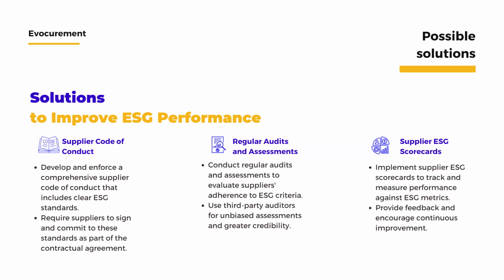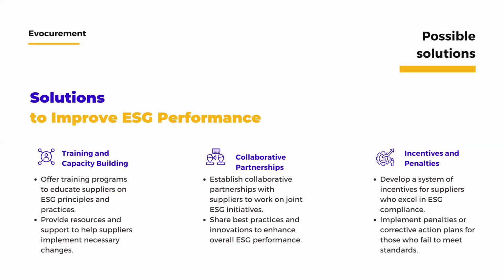Now, let's come back to our discussion about the ESG practice. I'm talking about the scorecard. The scorecard is a way to manage performance, and we may track their performance from time to time, provide feedback and encourage improvement. Another way to enforce ESG is through training.